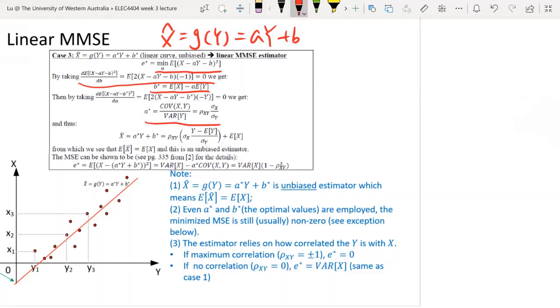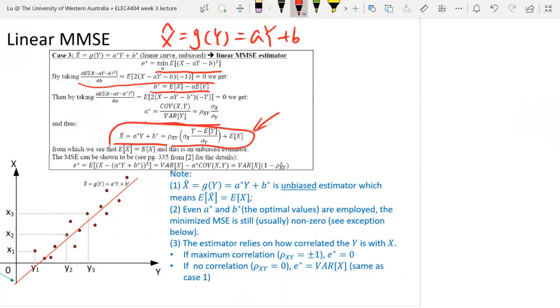Put that back into your linear minimum mean square error estimator, so we get X hat equals a star Y plus b star. That's the easy step. Then we just put the a value and b value into this function to get this one. This is our linear minimum mean square error estimator.